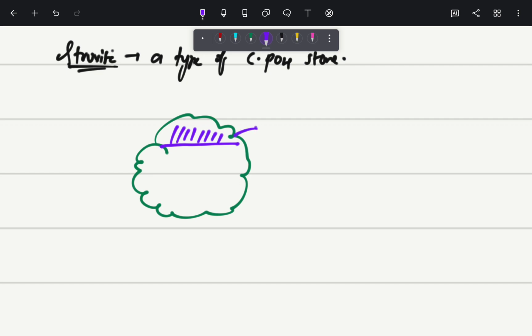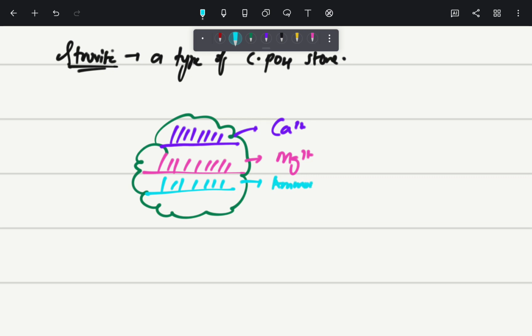So the first thing is your calcium, the second one is magnesium, the third one is your ammonia, and finally one of the elements is your phosphate. But the only thing that differs here is that it is made up of calcium hydroxyapatite.